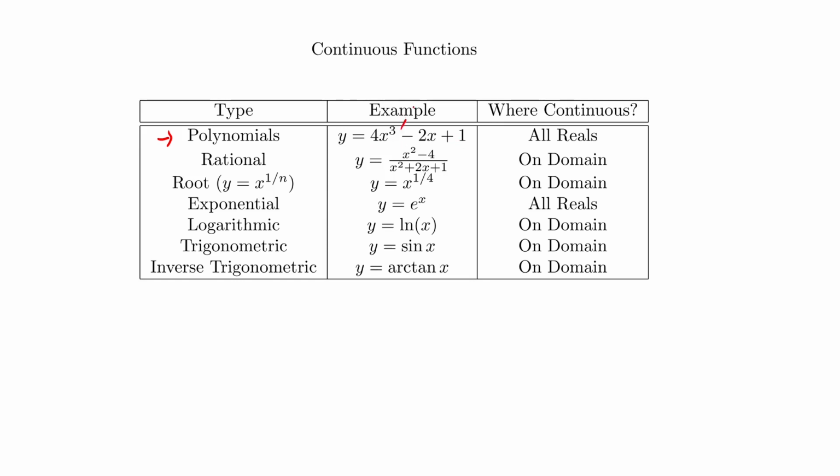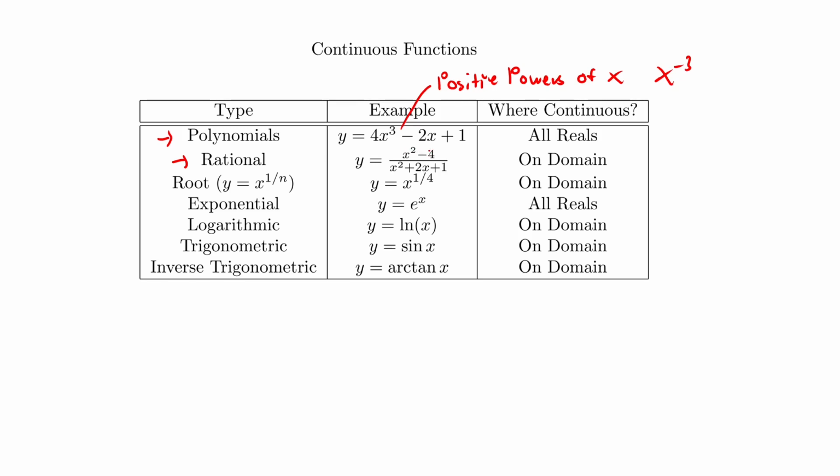The second thing is that we only have positive powers of x. So you can't have something like x to the negative third. Although, as we'll see going forward, depending on the problem, it shouldn't necessarily be too big of a deal. Rational functions are going to be continuous on their domains.